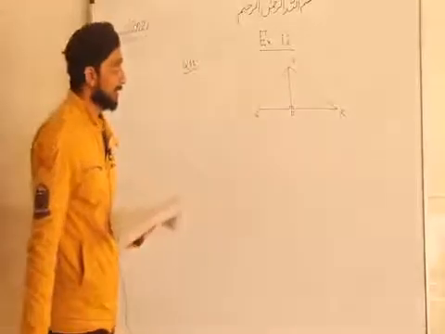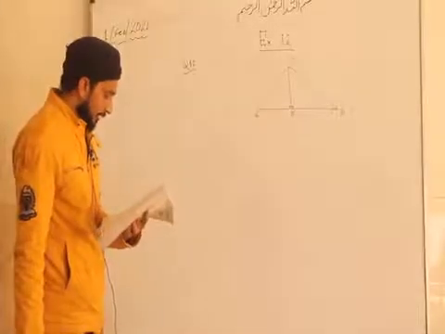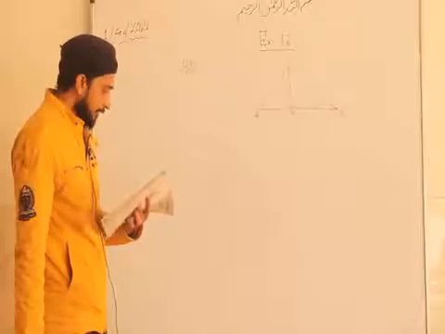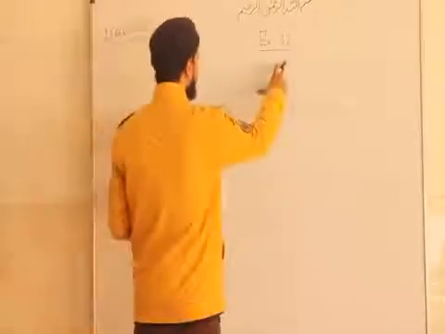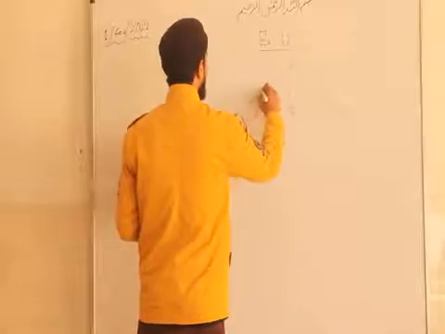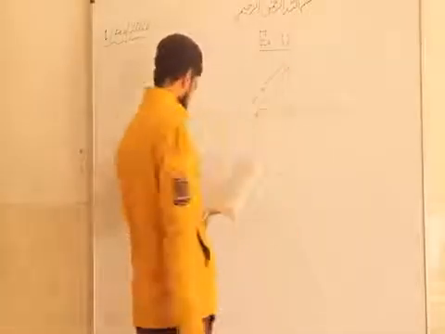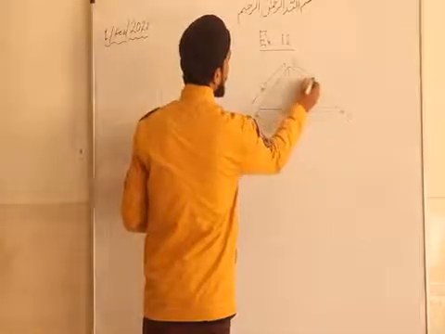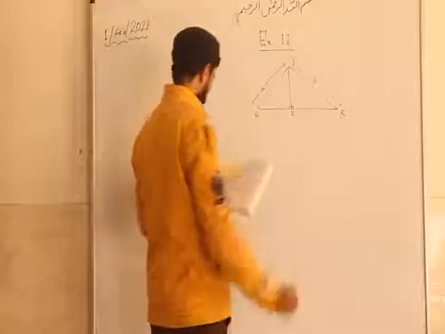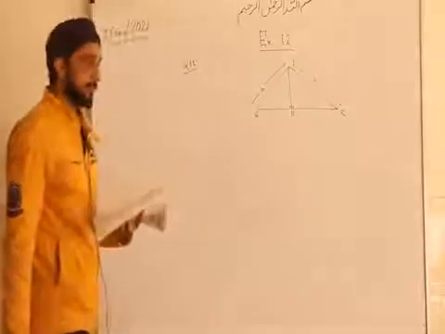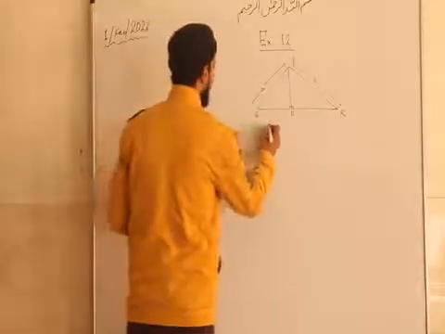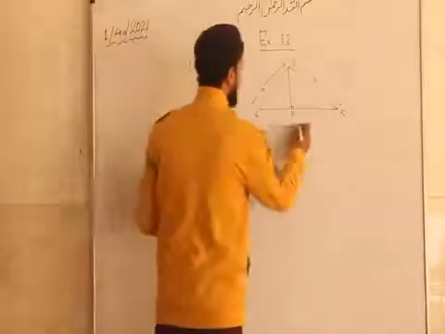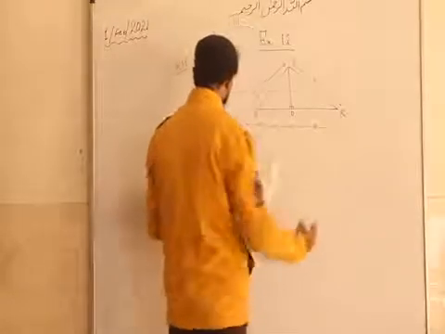PD is perpendicular to this side QR, such that PQ equals A, this side is given as A, okay? PR is B, this PR from here to here, this is B. QD is C, so we are mentioning these things only. QD is C and DR is D. These are the conditions given.